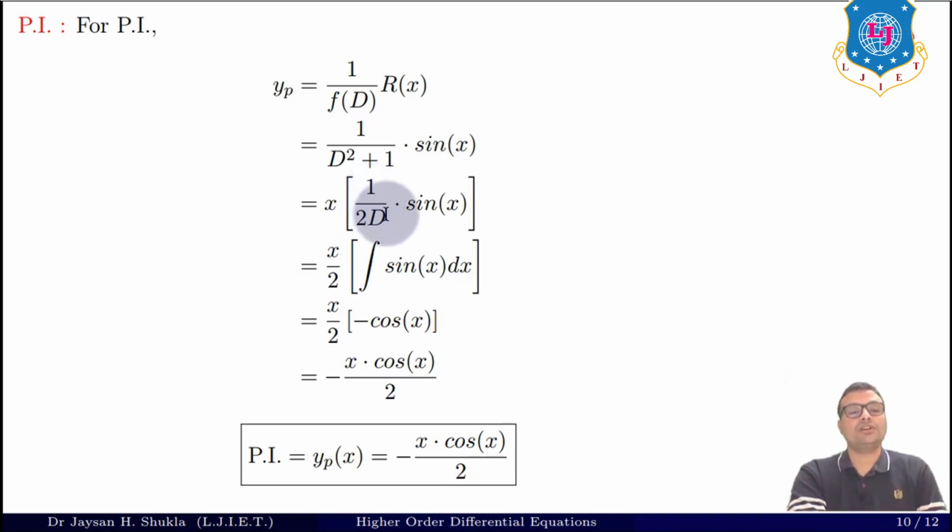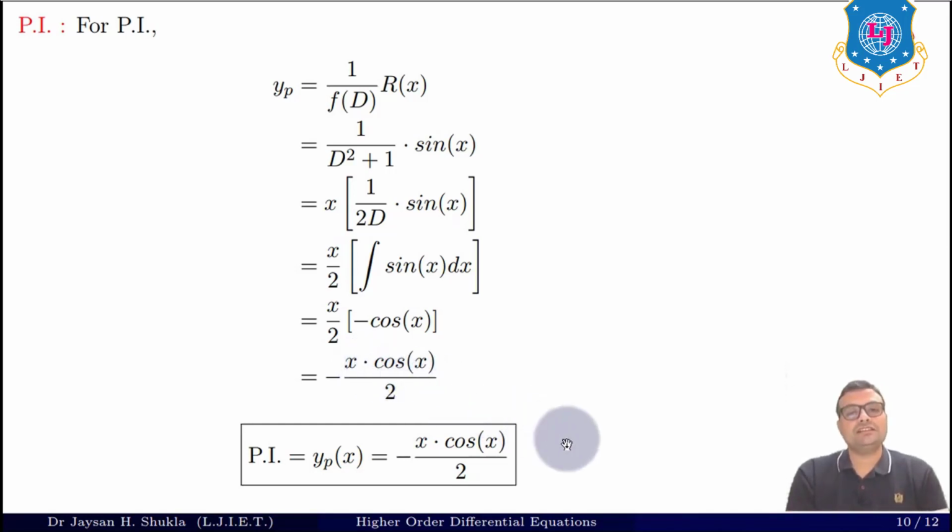So if I have 1 upon d, it indicates the integration of this function with under this operator 1 upon d. So I'm taking 2 outside, so it is x by 2, and then integrating sin x, it gives me x by 2 of minus of cos x. Now, let us consider this as yp. So it is minus x into cos x by 2.